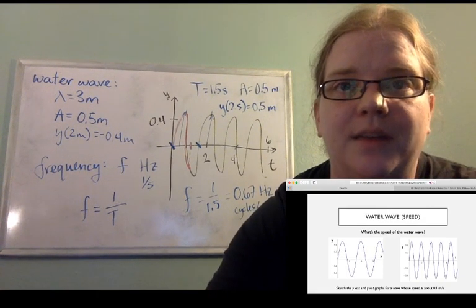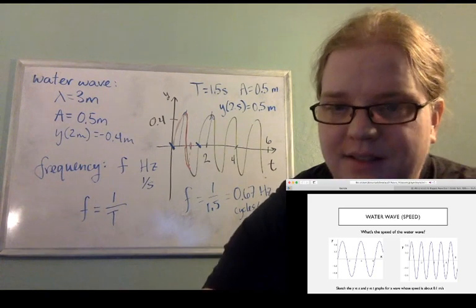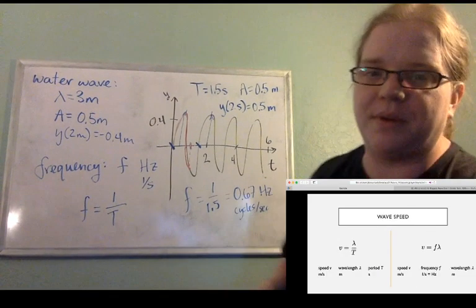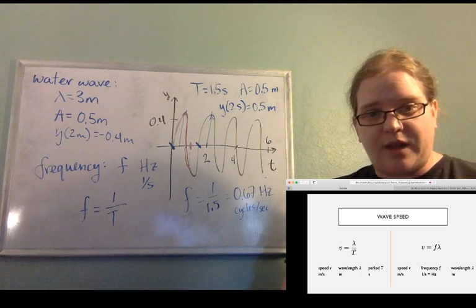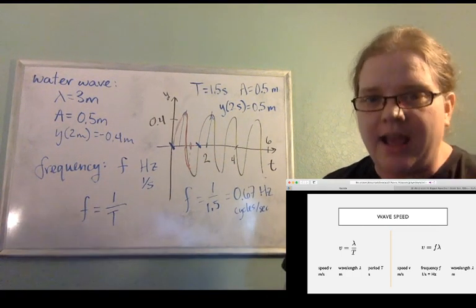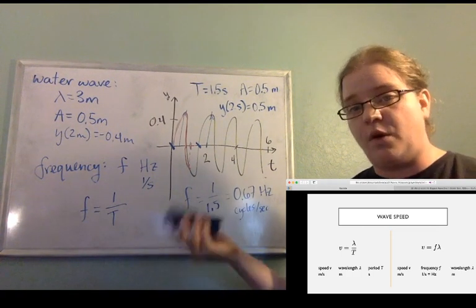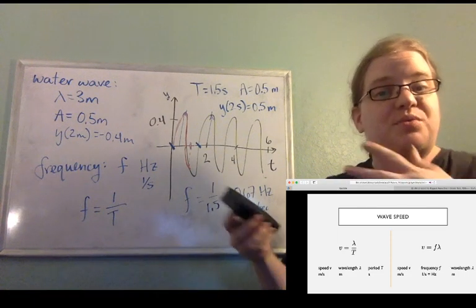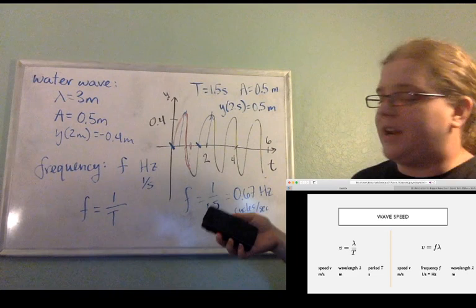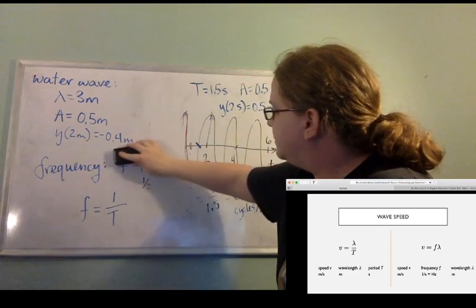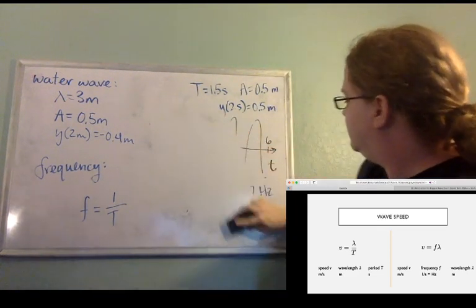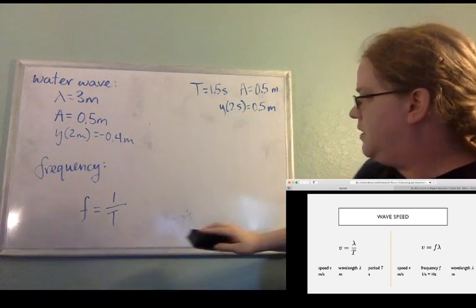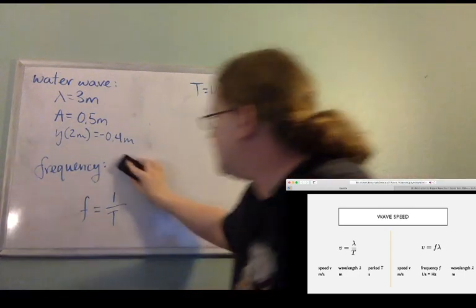All right, so here we go. We have 2 different equations for wave speed, and you can use either one. They both work. It just depends on what information you have, which one's easiest for your particular setup. So let me rewrite this stuff.